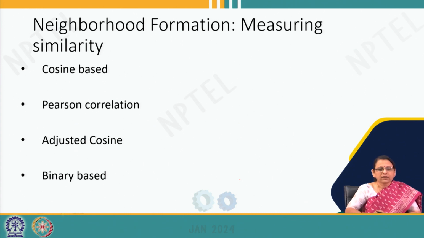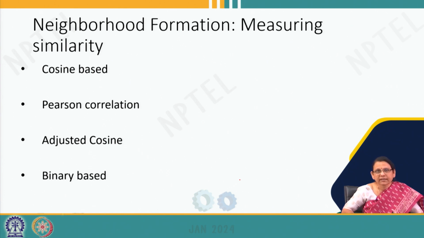So, when it comes to the similarity measurement methods, all the similarity measurement and distance measurement methods that we have gone through are applied depending on the scale of the data, the measurement scale of the data.